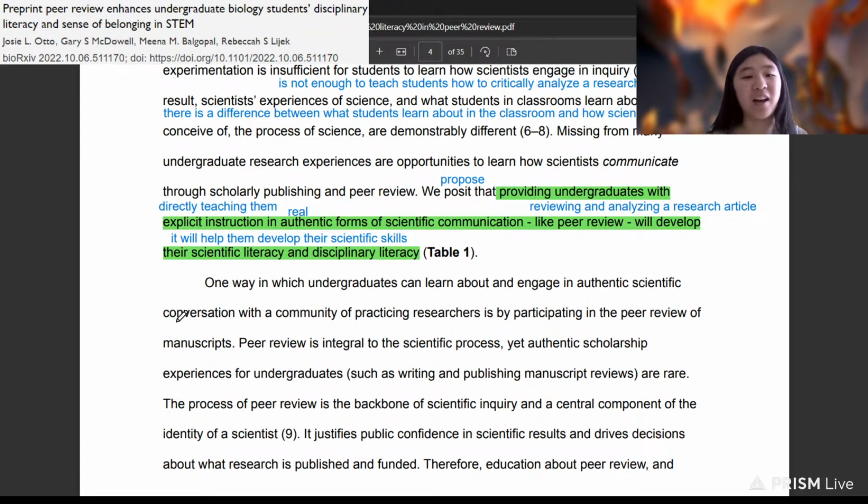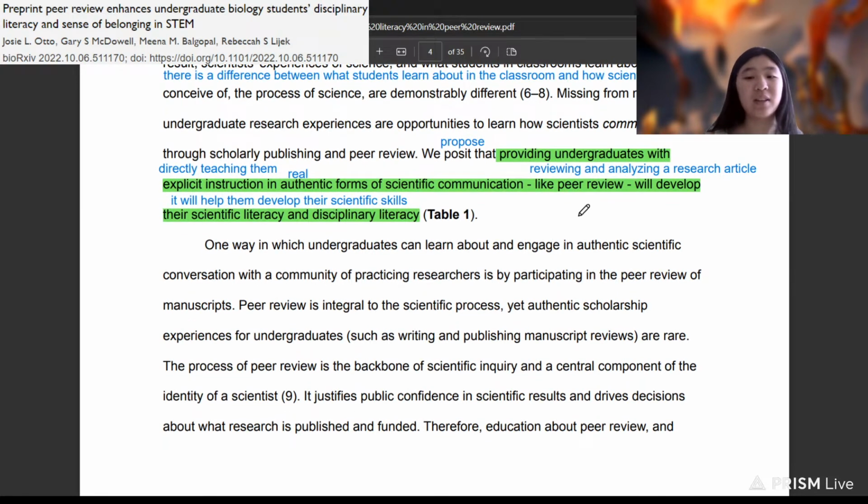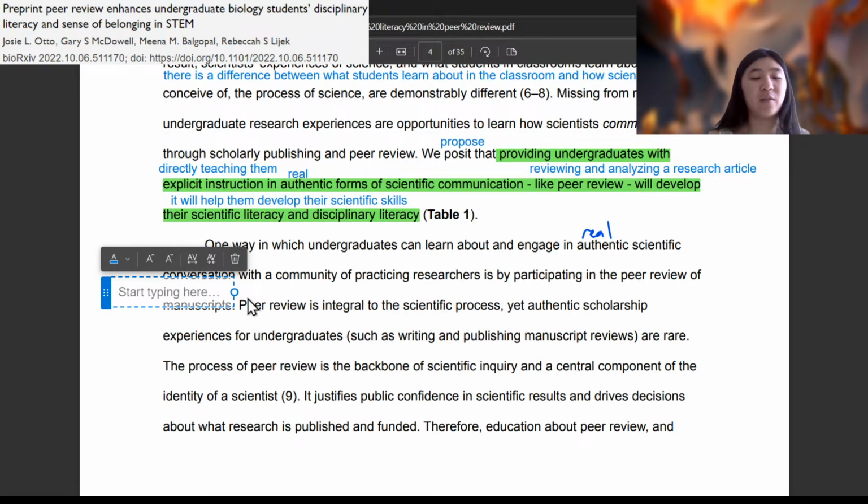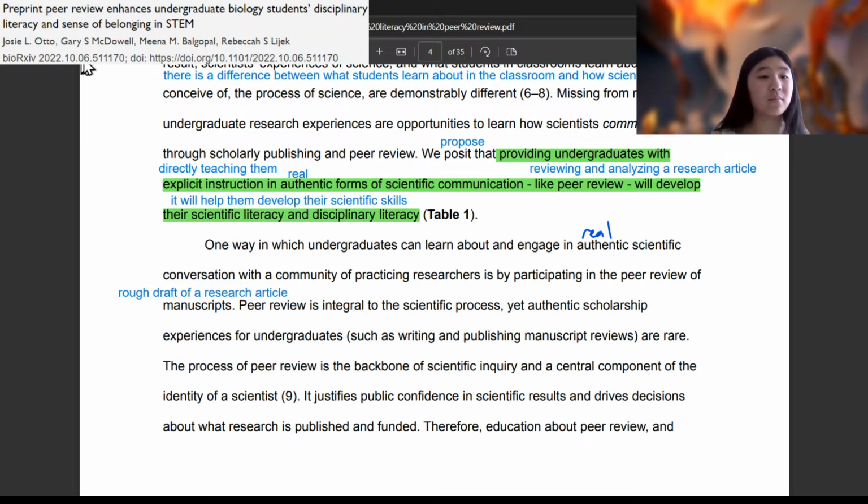Okay. One way in which undergraduates can learn about and engage in real scientific communication or scientific conversation with a community of practicing researchers is by participating in the peer review of manuscripts. So manuscripts is just another word for a rough draft of a research article that hasn't been published yet. Okay.